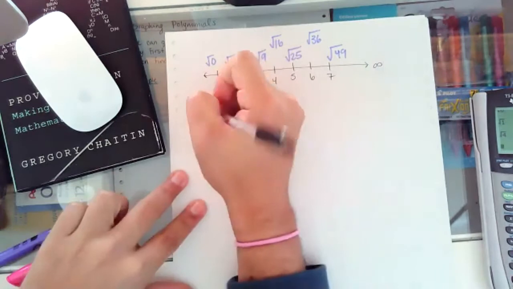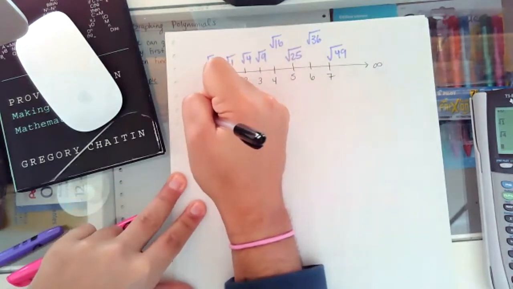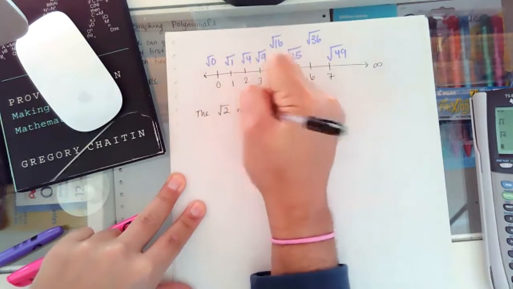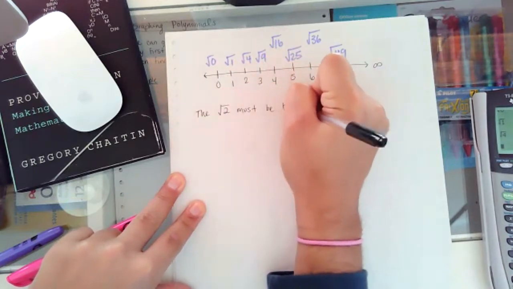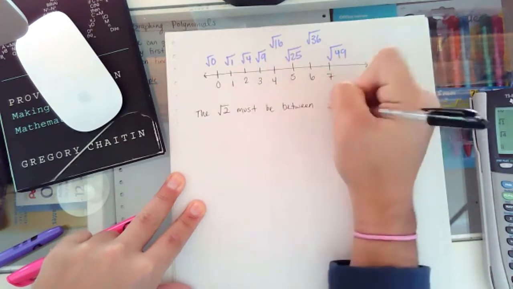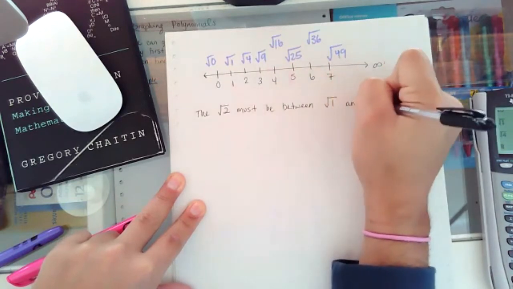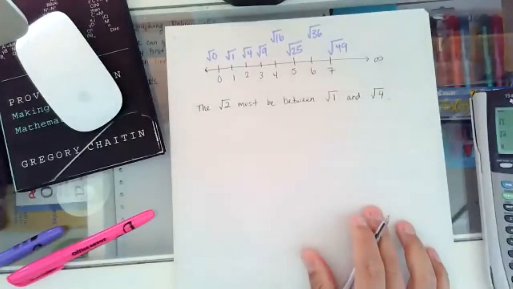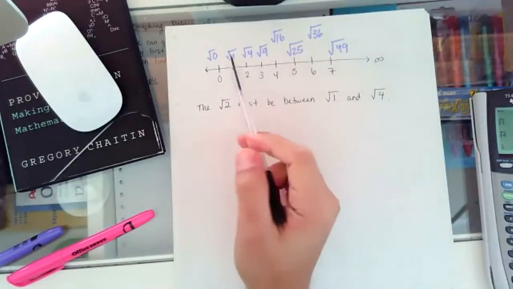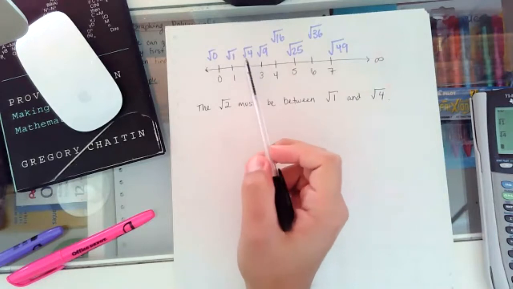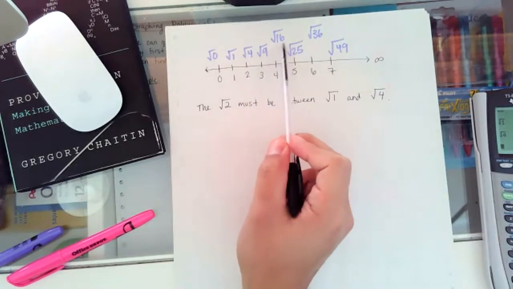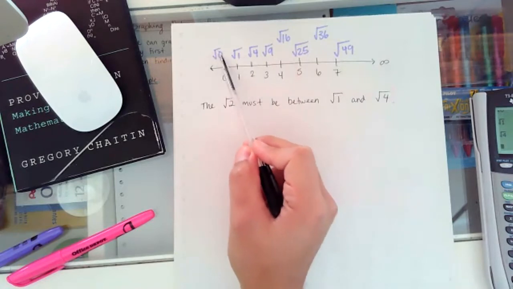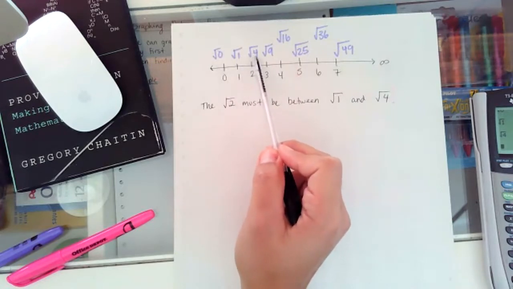So we're saying, okay, the square root of 2 must be between the square root of 1 and the square root of 4. And that makes natural sense because something is going on here where these numbers are getting bigger, where we have 0, the square root of 0, the square root of 1, but then they skip around a little bit.